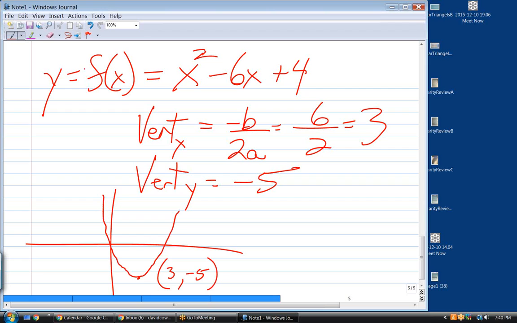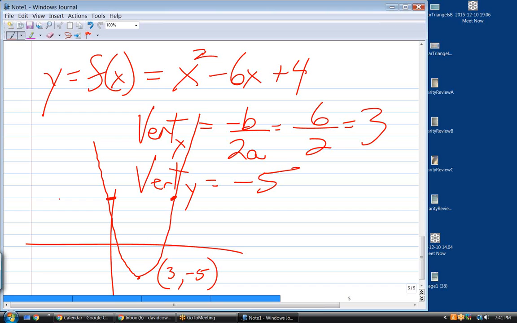I even know where the y-intercept is, right? In fact, I don't need to do anything more. The y-intercept is right there. Now, if I don't need the zeros, then I know what this point is. What is that point?